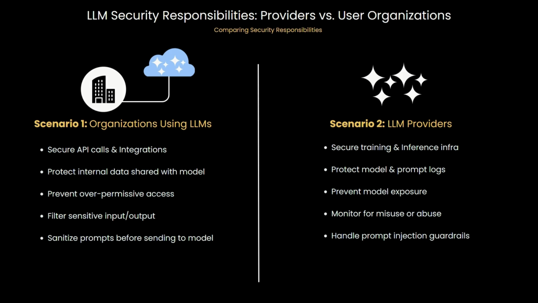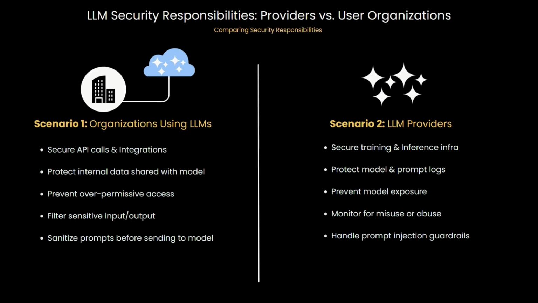Their security focus should include securing API calls and integrations so that they can ensure authentication, rate limits, and input validation. Then protecting internal data that is shared with the model, such as sensitive documents or customer information. Preventing over-permissive access, making sure that the model doesn't get unrestricted access to your company's databases, files, or internal systems.